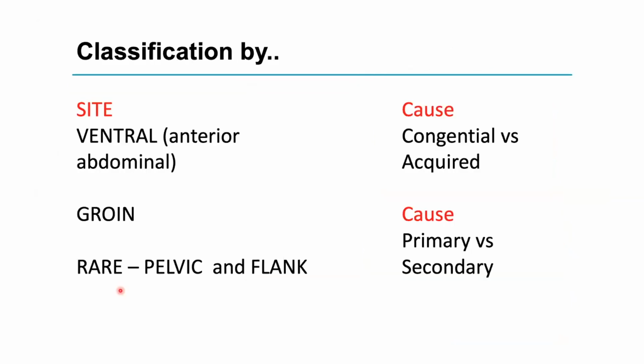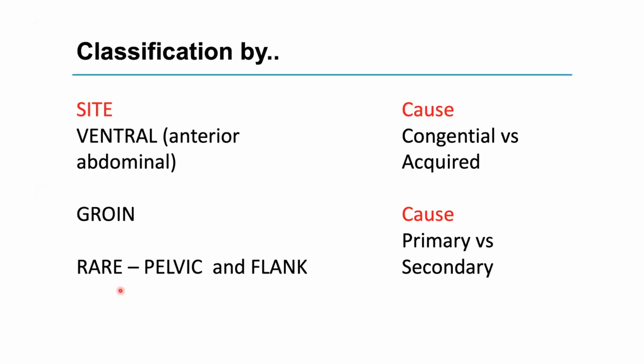So how can we classify these hernias? By site, so we've said already, we can have ventral or anterior abdominal wall hernia, or groin hernia, which is by far and away the commonest hernia that we're going to assess and see at a clinic or operate on.